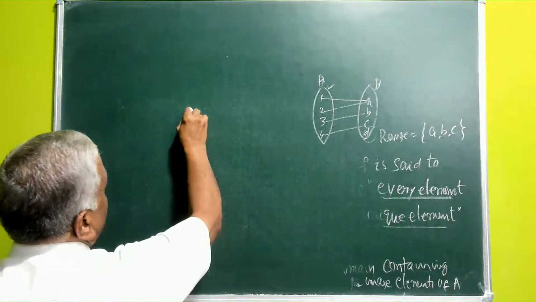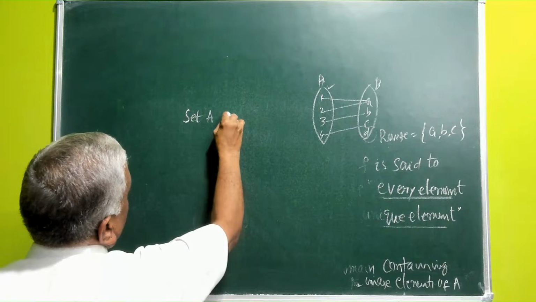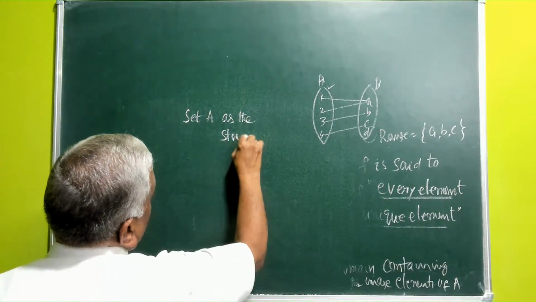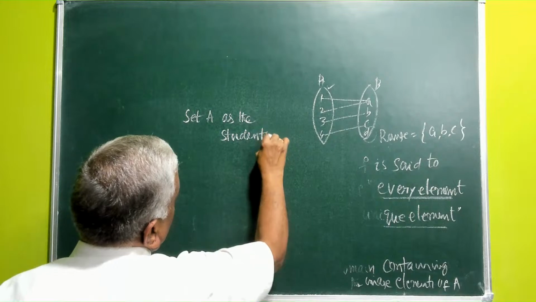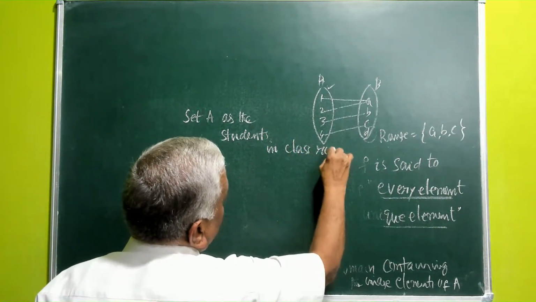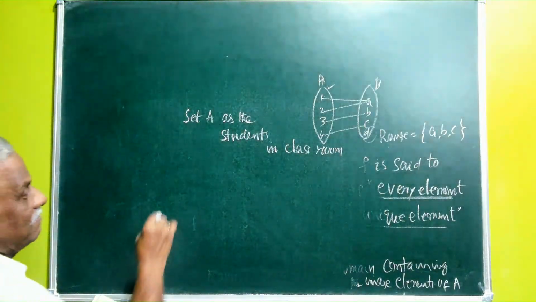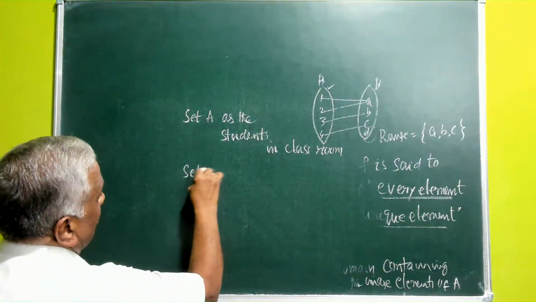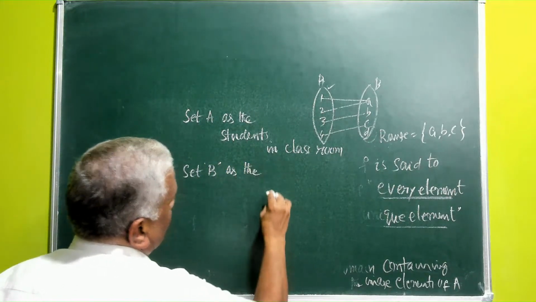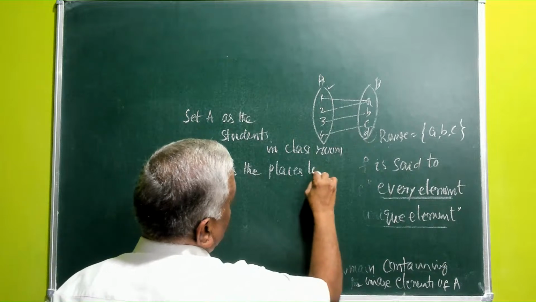You take the set A as the students in a classroom. I am giving this example to make the function concept clear. Set B is the places to sit.